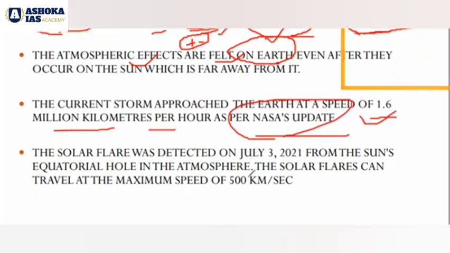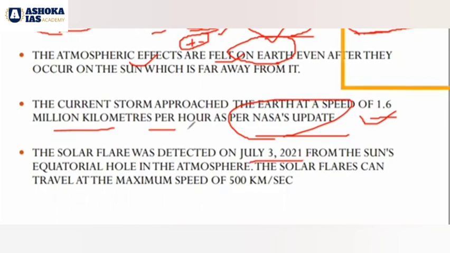The solar flare was detected on 3rd July 2021. Recently, on 3rd July 2021, we detected this solar flare that was ejected from the sun's equatorial hole in the atmosphere.